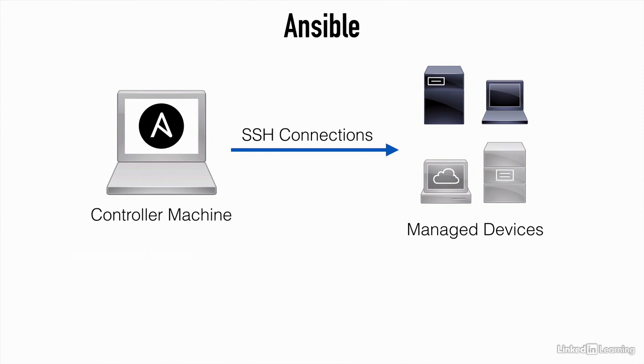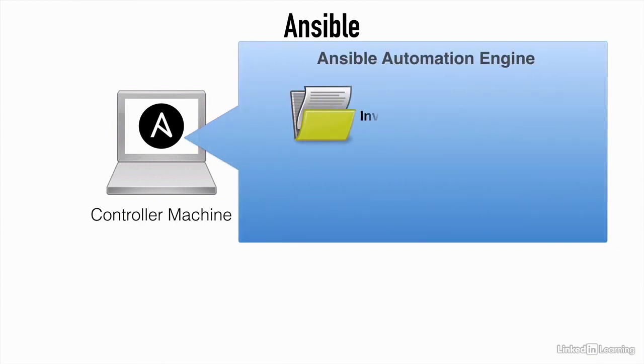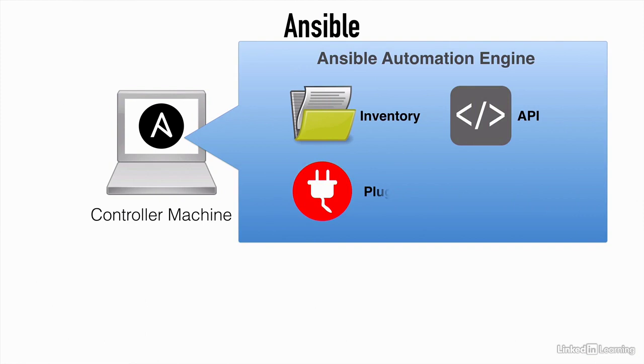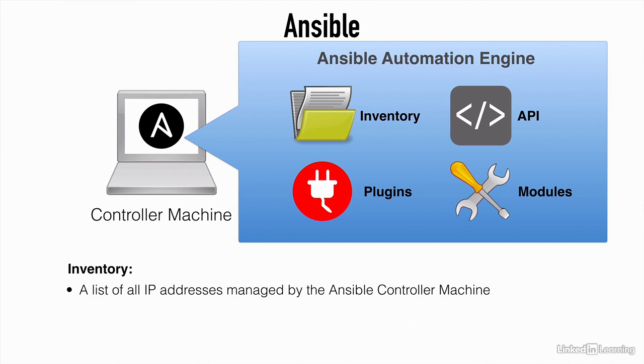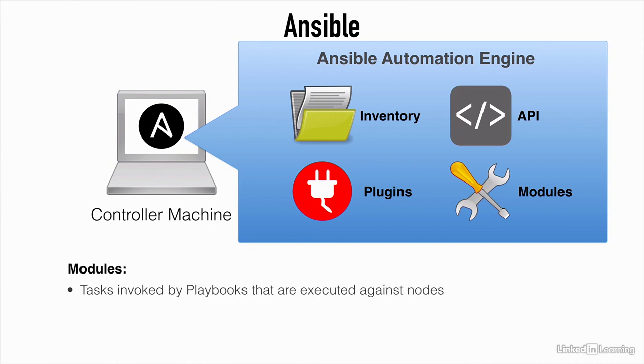Inside the automation engine, we have a few pieces that we want to define, which are the inventory, the API, the plugins, and the modules. The inventory is very simply a list of all the IP addresses which Ansible is actively managing. The modules are tasks which are invoked by the playbooks.